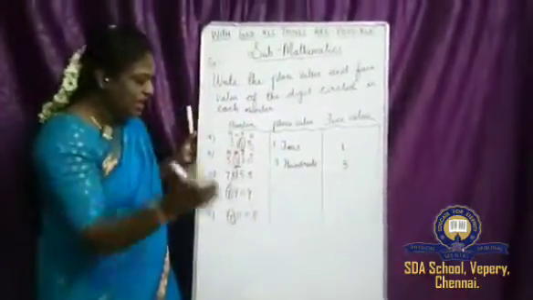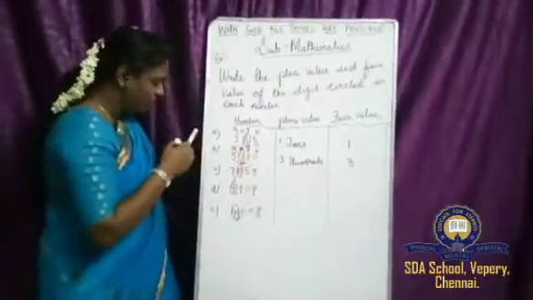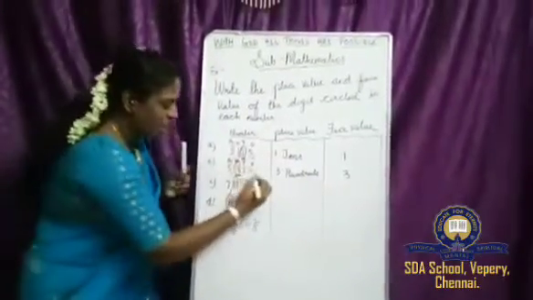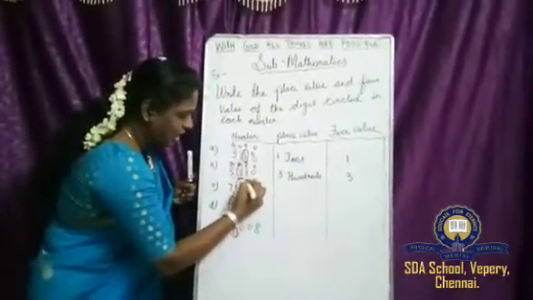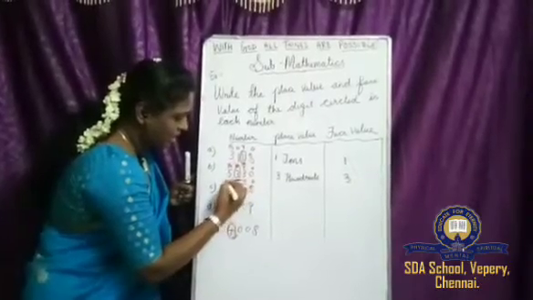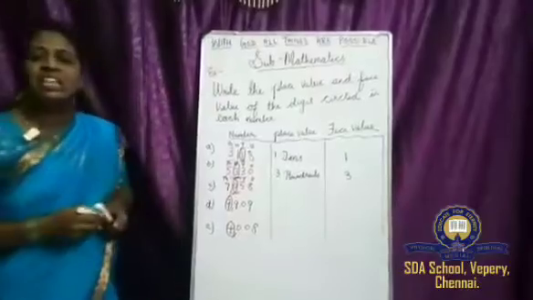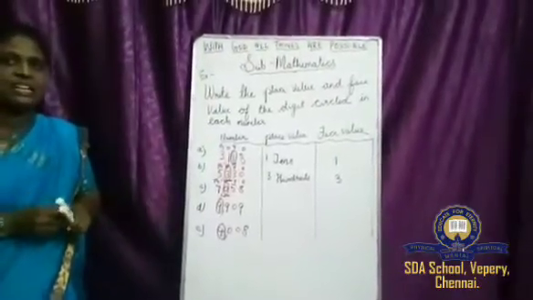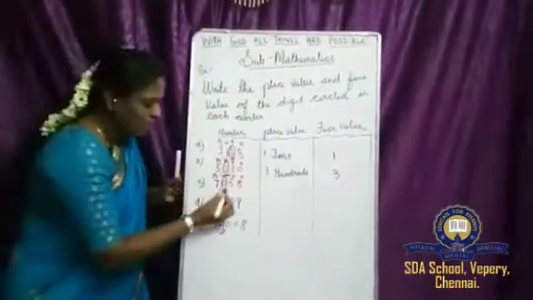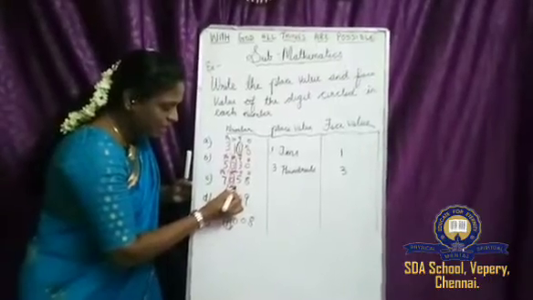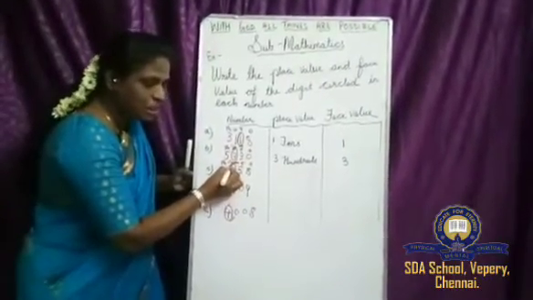So come to the next number. Again write the place values: ones, tens, hundreds, thousand. Here what have they circled? 0. So see the place. Which place is it standing? Hundreds place.